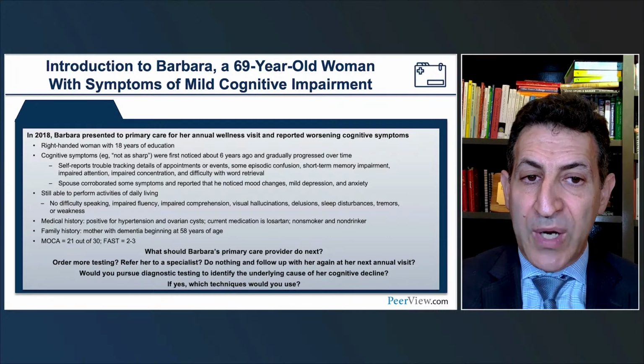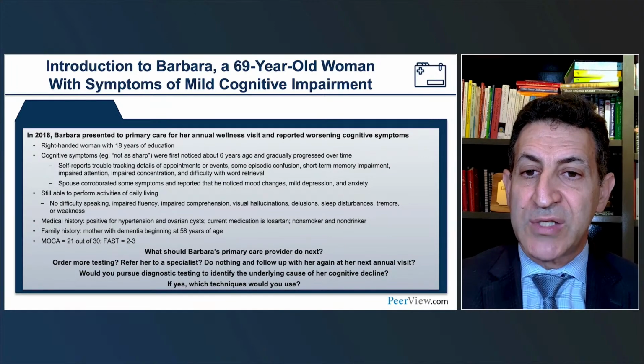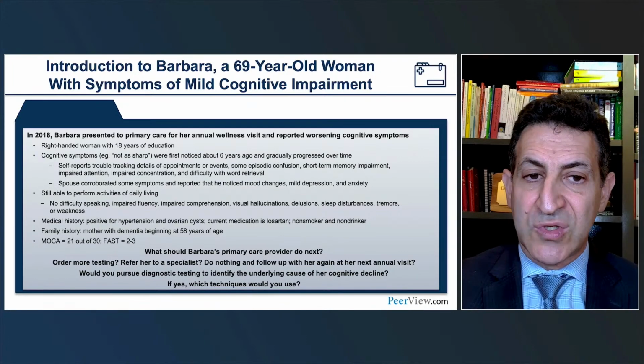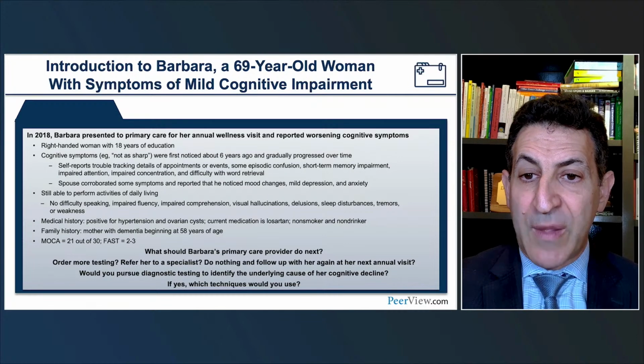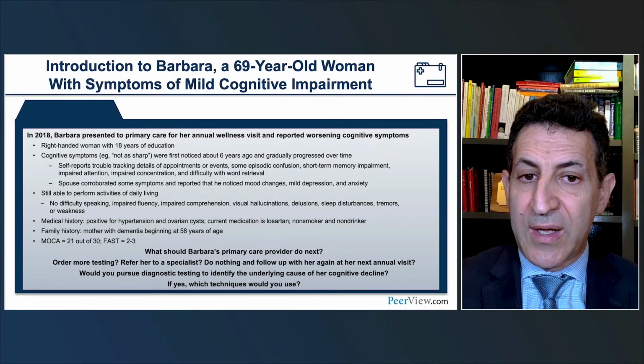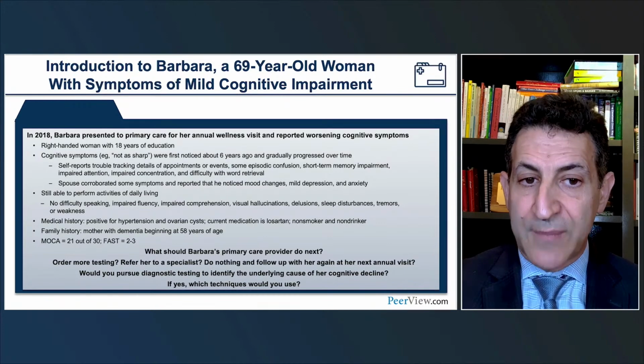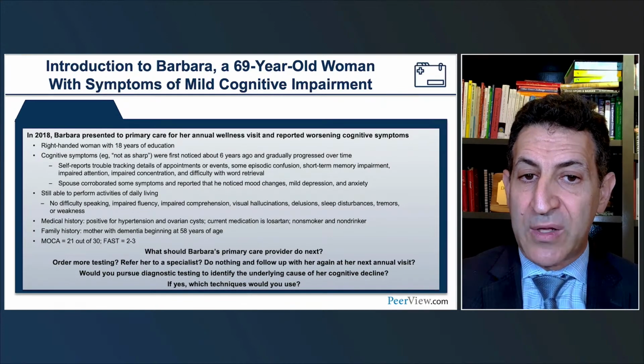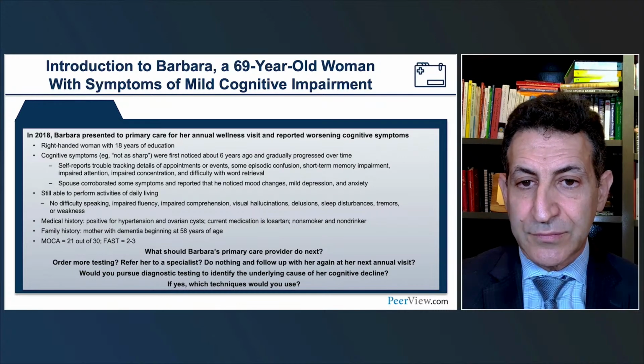She notes no impairment in the ability to speak, find words, comprehend. She denies hallucinations, delusions, and sleep disturbances, and no physical manifestations of tremor or weakness. Her family history is significant for a mother who had dementia starting at young onset, and her medical history is significant for hypertension. She only takes losartan.